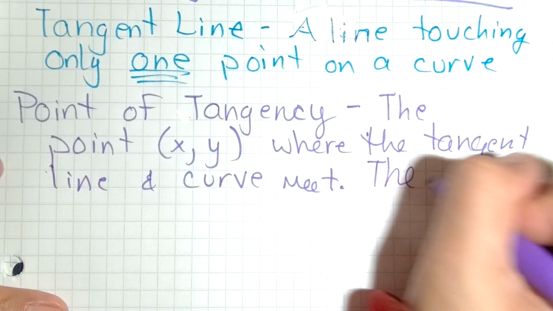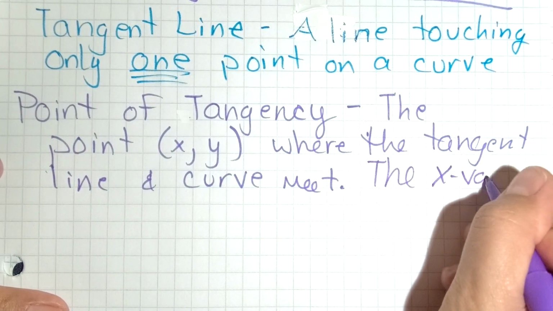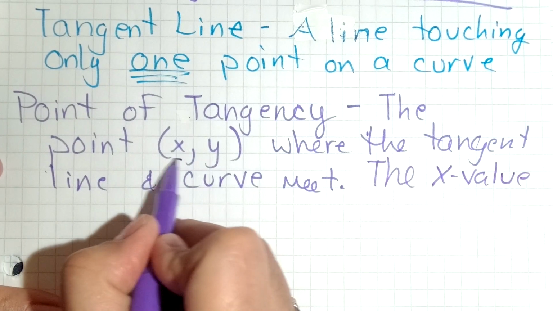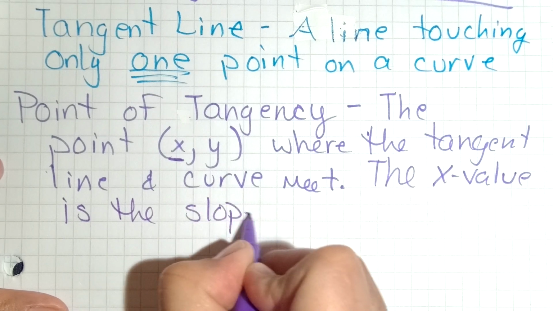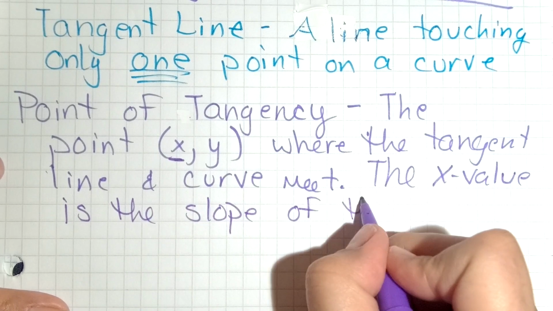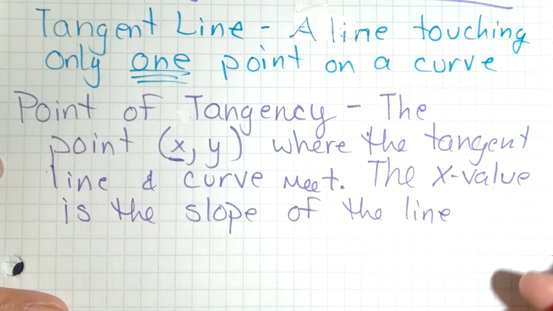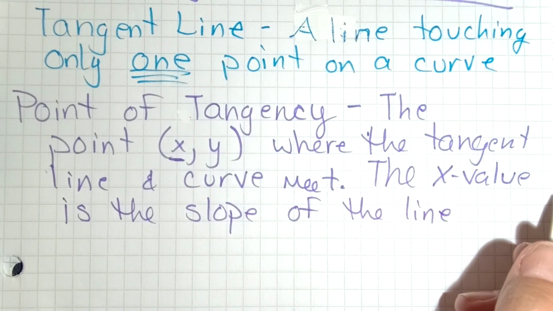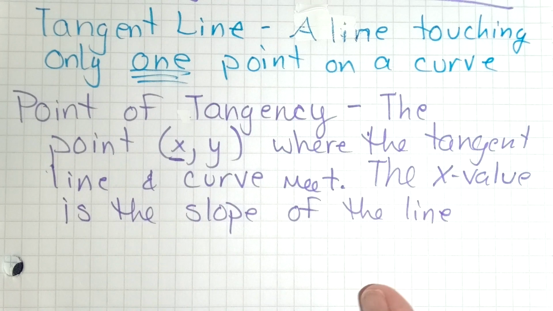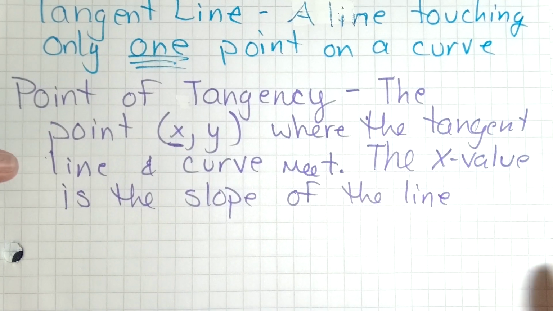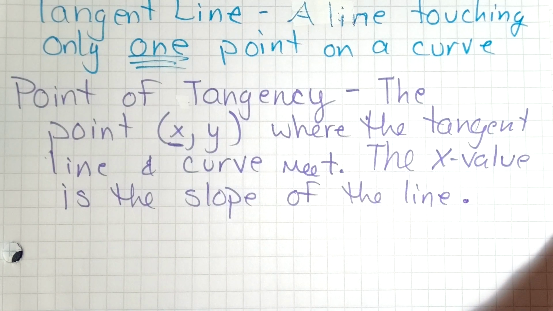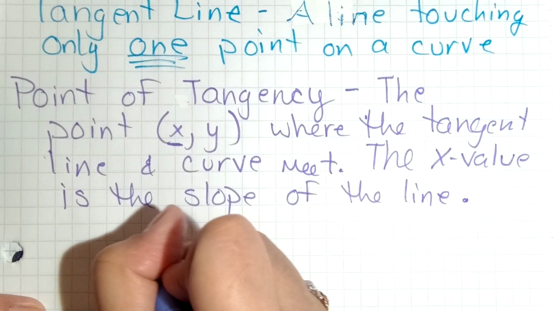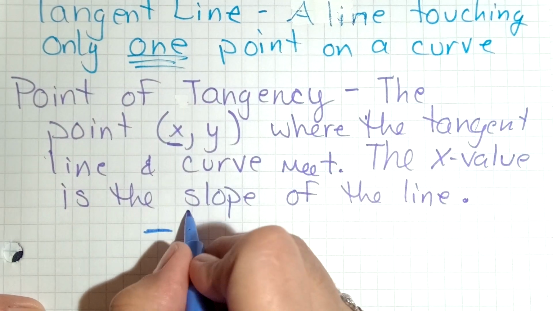The x value, so the x value is the slope of the line. To find this, we evaluate.